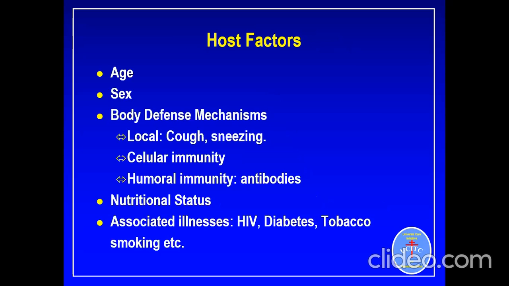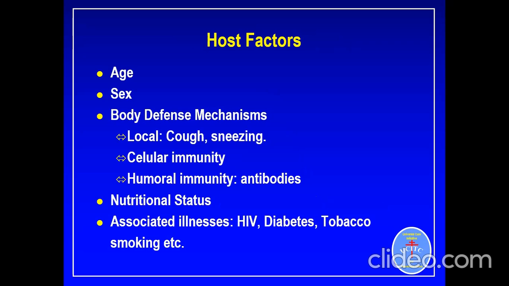The host factors which affect TB infection are age, mainly the younger children and the elderly who have low immunity levels, who are more prone to get infected and develop tuberculosis.